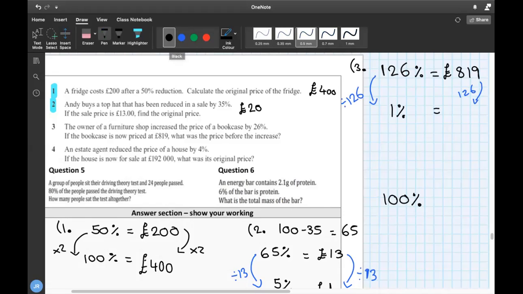Once you've done that, you'd get that 1% is equivalent to £6.50. Then how are you going to get from 1% back to the original 100%? You just multiply by 100. So it's the same thing here. Multiply that by 100. Okay. So our original amount there before the percentage increase was £650.